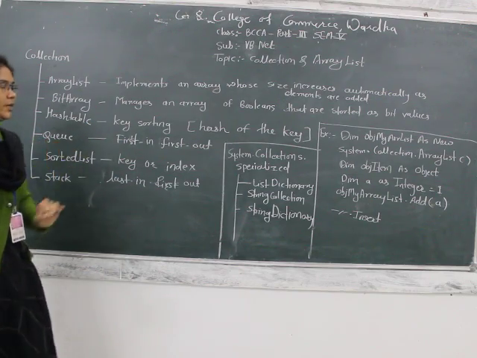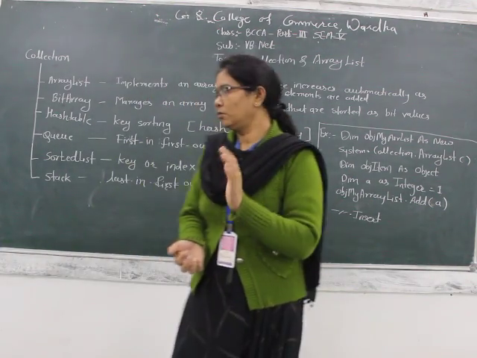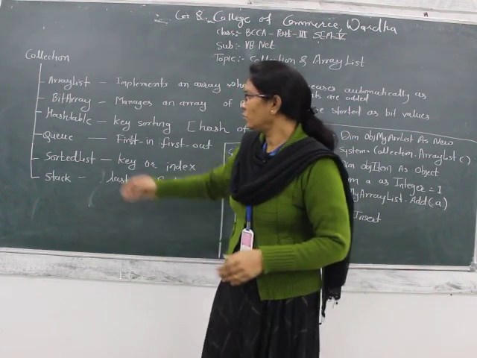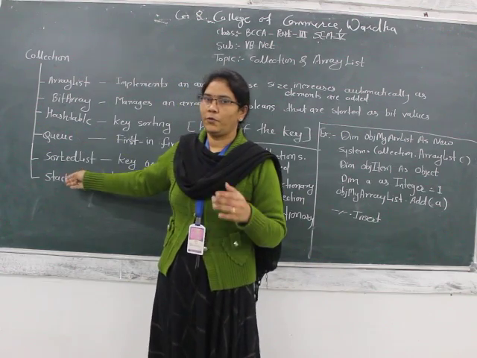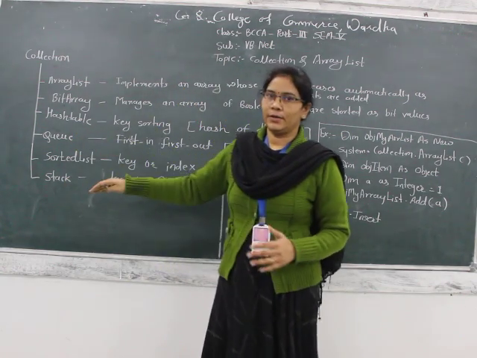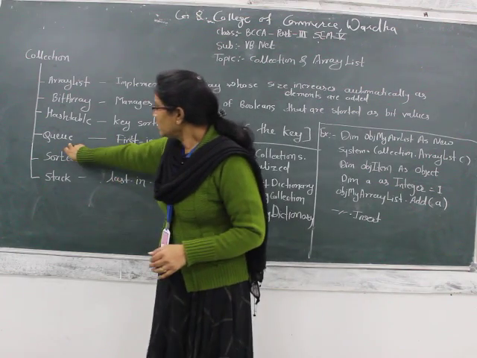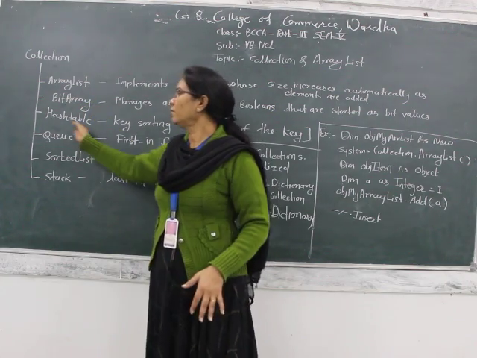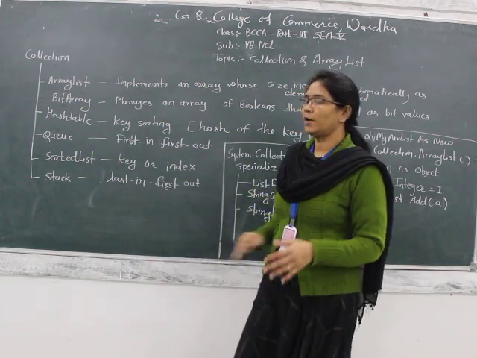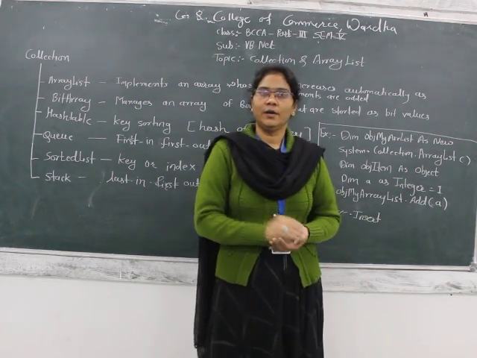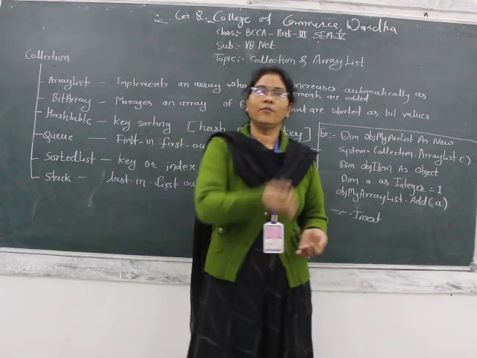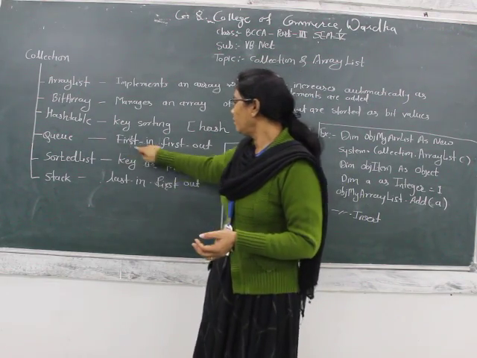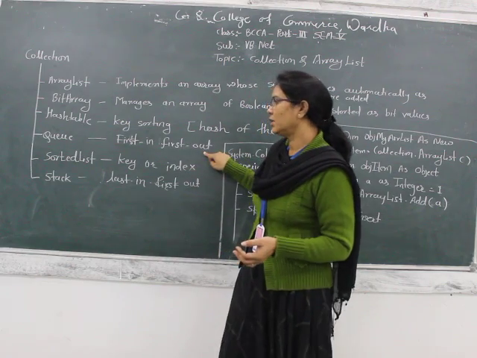Okay, the next one is queue. As you know from data structures, that means storing elements in memory, those are the mechanisms for storing our elements in the secondary memory. The basic logic of queue is first in, first out. That means we can store our elements in queue format, but when we want to fetch the elements from the secondary memory, it works on this basis, first in, first out.